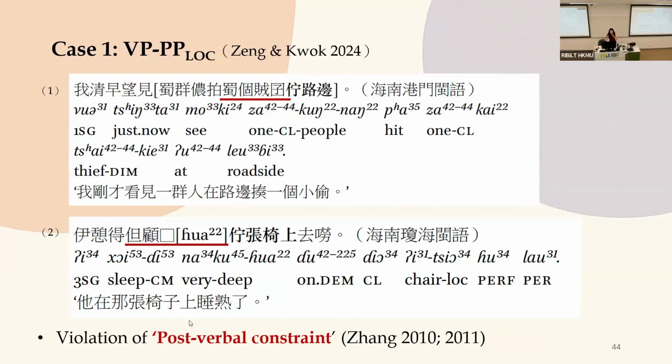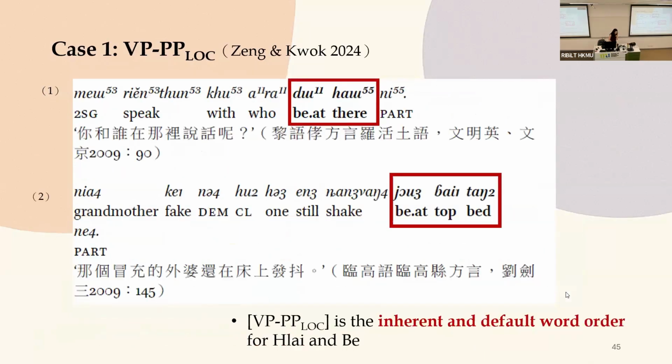And this sort of putting the PP after a complex VP is a violation of the postverbal constraint that was proposed by Professor Zhang Min, which he believed to be applicable to all Sinitic languages. And we can see this postverbal PP is actually very common in both Hlai and Be languages.